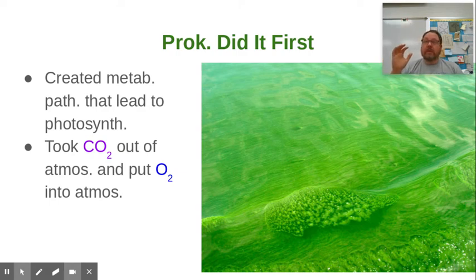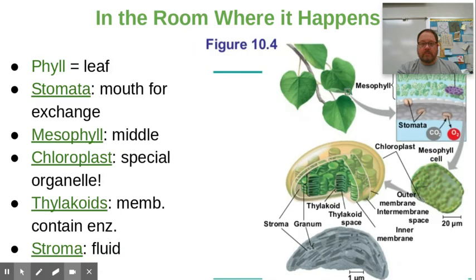So the Earth we experience today is made possible in part by these first photosynthesizers that decreased atmospheric CO2 levels and increased atmospheric oxygen levels.